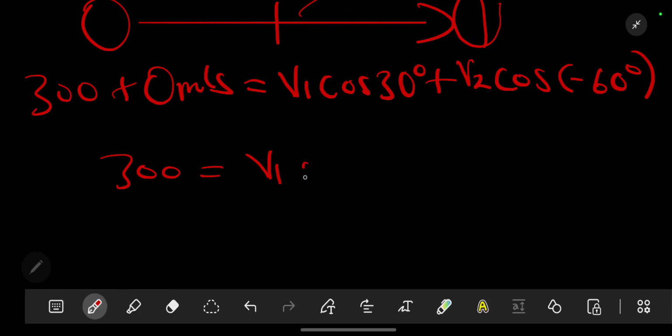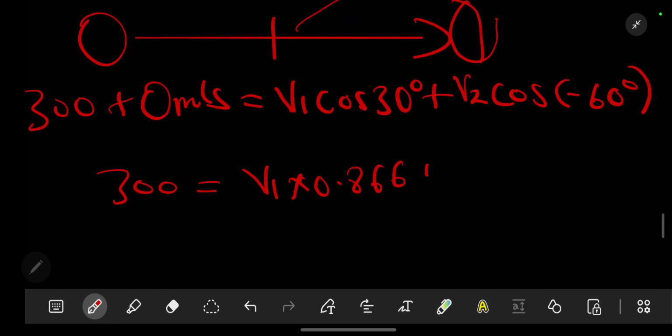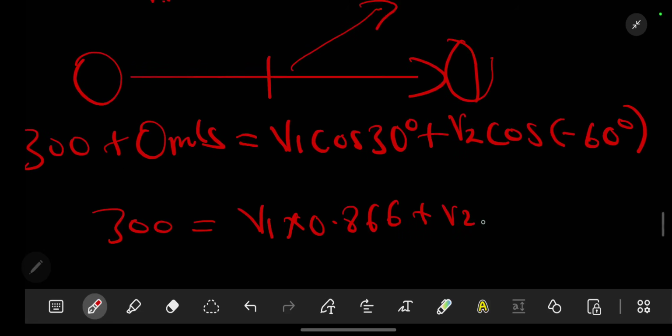Let's calculate this. The cos of 30 degrees gives us 0.866. So we have v1 times 0.866, plus our v2. The cos of negative 60 is still positive, even if you try to verify. So it is 0.5, so we have 0.5 v2.